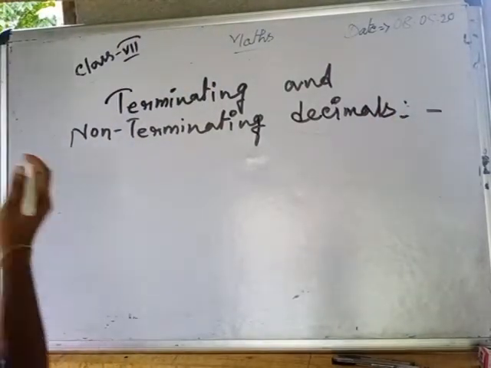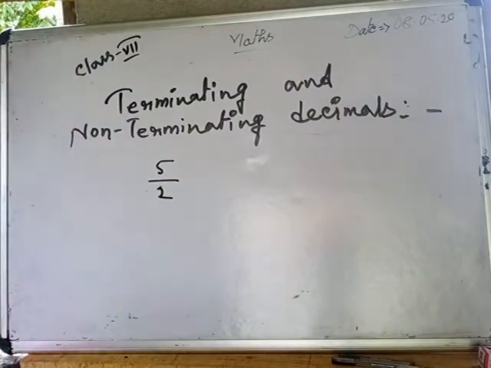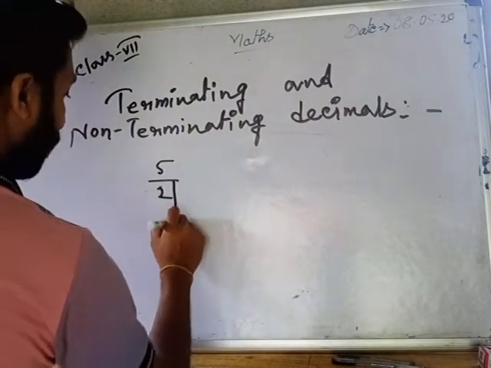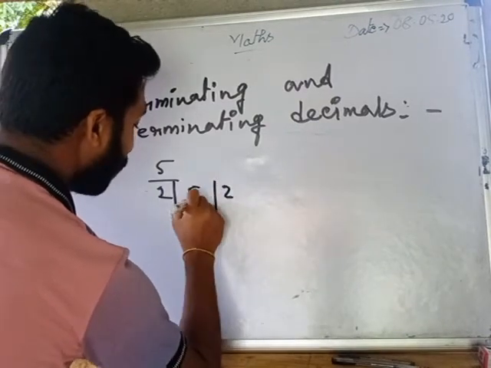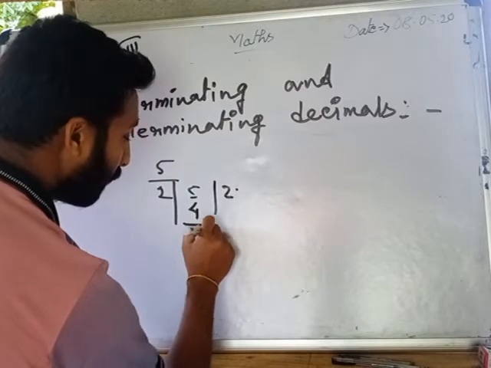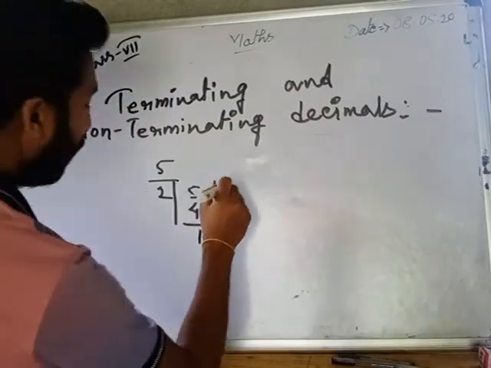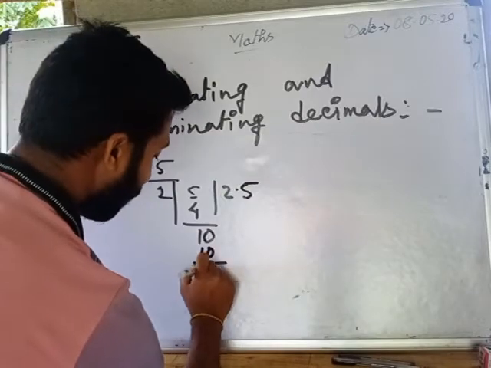Okay, suppose it is 5 by 2 fraction. 2 2s are 4, 1 left, it is in here, 0 take out, 5 2s are 10.